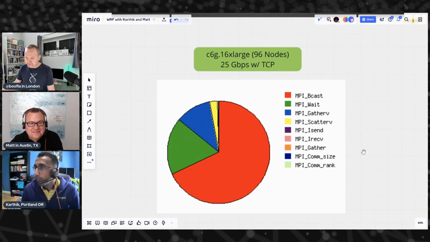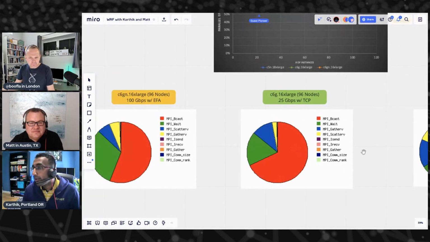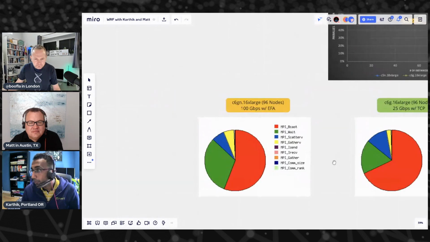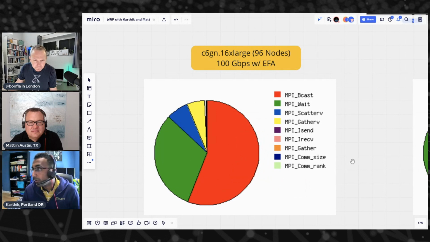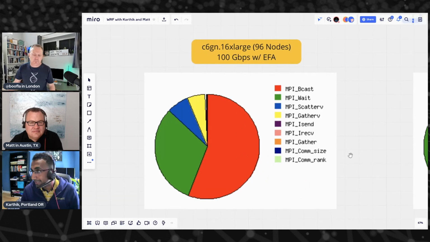So we wanted to deep dive a bit and look at what kind of communication MPI routines are actually used for this particular case that we ran on WRF. This shows the amount of time that is spent on each routine, and all of them are run with 96 nodes for the respective instances.